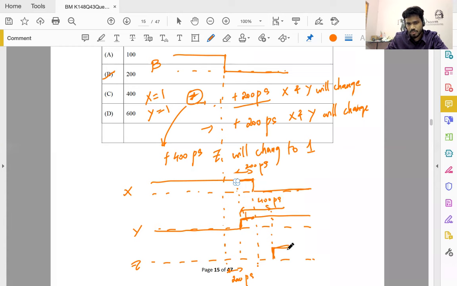When both X and Y are 1, then it goes to 0. Why this is like this, we'll discuss later, but at least this is a timing diagram, and here Z is 1. Z is 0, 0, 0 here. And this is actually technically, from a functional point of view, this is a mistake. And that's also very important from a design perspective.